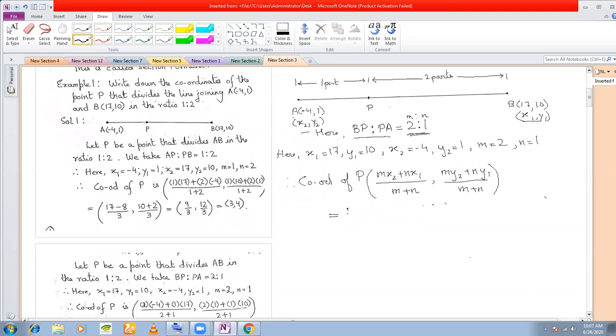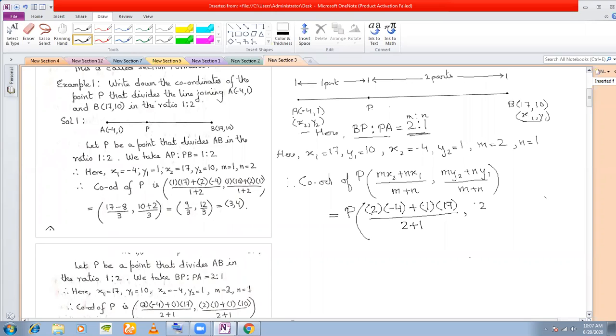So coordinates of P this time will be M, which is our 2, x2 -4, plus N is 1, x1 is 17, divided by M plus N, 2 plus 1.